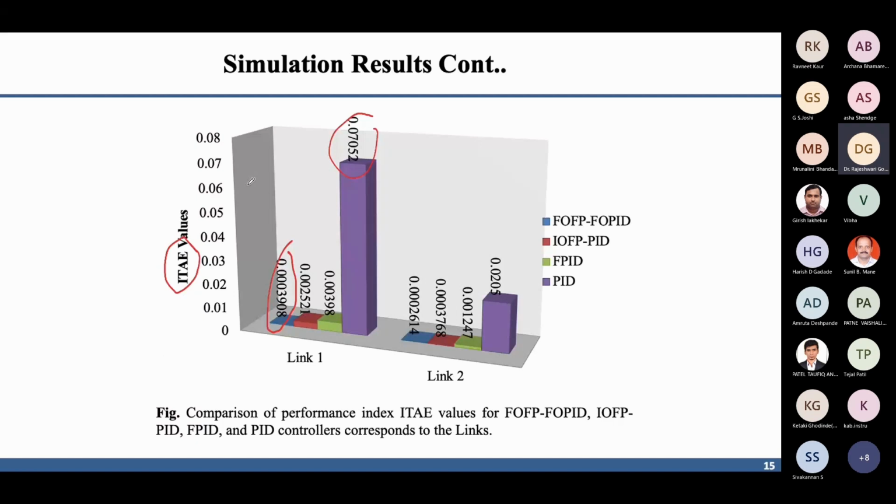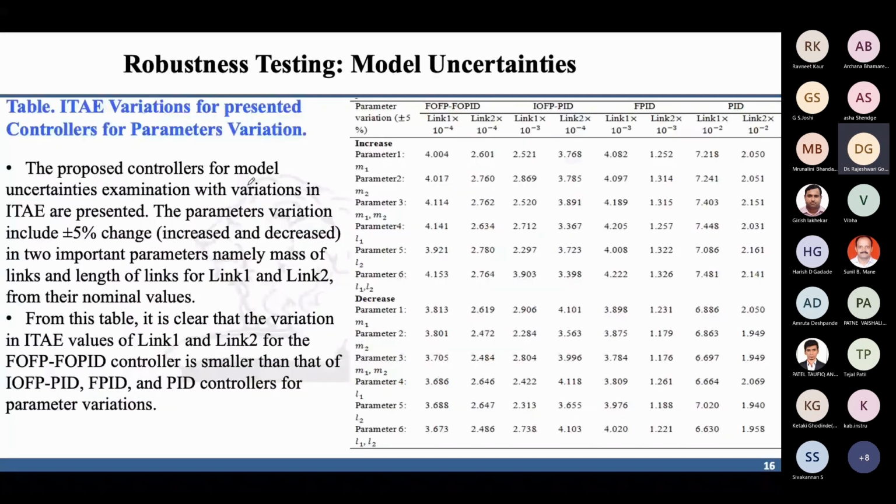Because whenever we are doing any kind of control design work, we are doing some robustness testing as well.